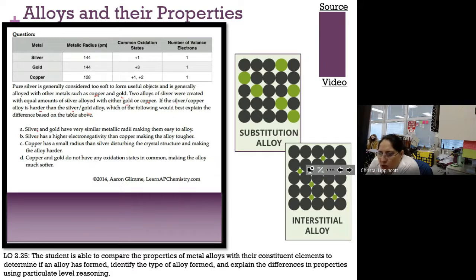Do silver and gold have similar radii? No. Well, yes, it's similar. It's the same value. Okay, making them easy to alloy. Silver has a higher electronegativity than copper, making the alloy tougher.